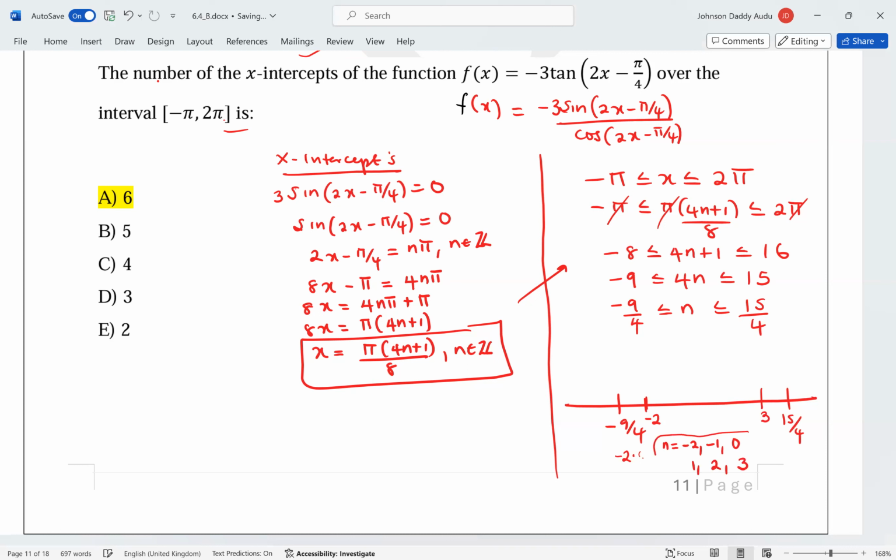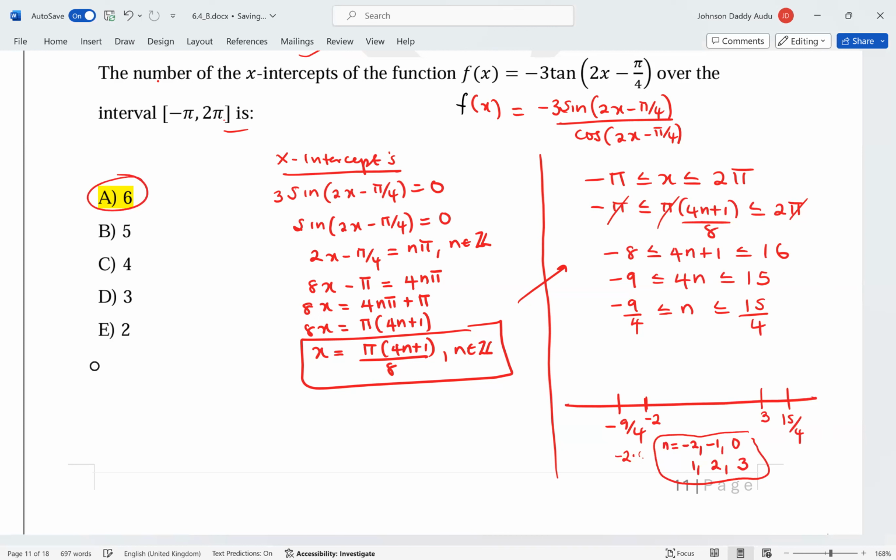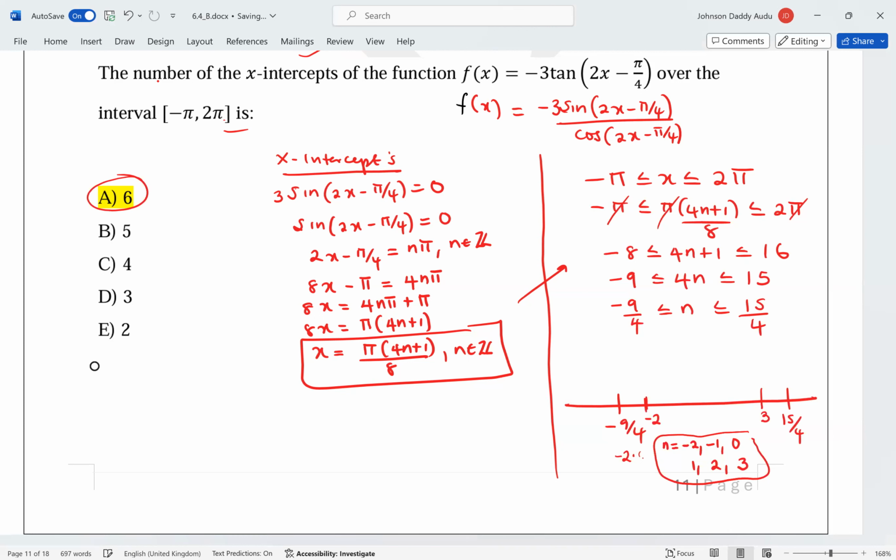These are the possible integers between minus 9 over 4 and 15 over 4. So our answer is going to be 6. We can have only 6 x-intercepts between minus pi and 2 pi. Okay, I hope this is clear.